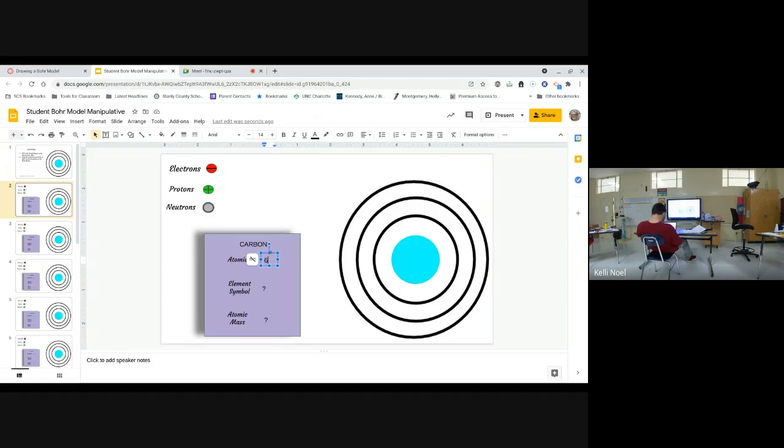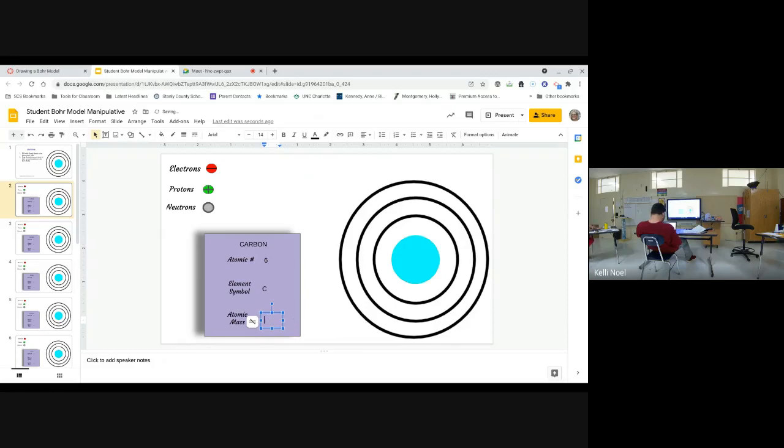So I clicked on it to get the text box that was there. I made sure that my cursor was behind the question mark so I could delete it, and I entered 6. What is the symbol for carbon? C, capital C. Its atomic mass: you're going to look at the decimal number, and you're going to round if it is decimal 5 or higher.